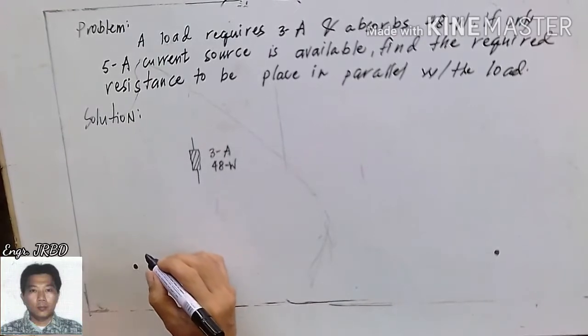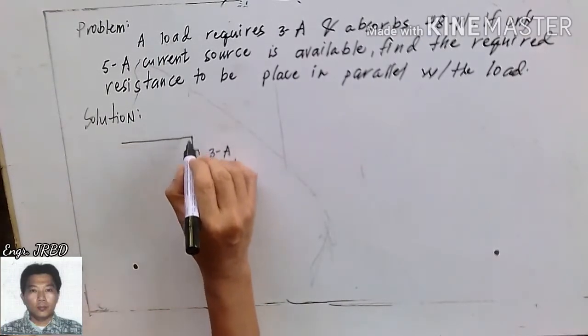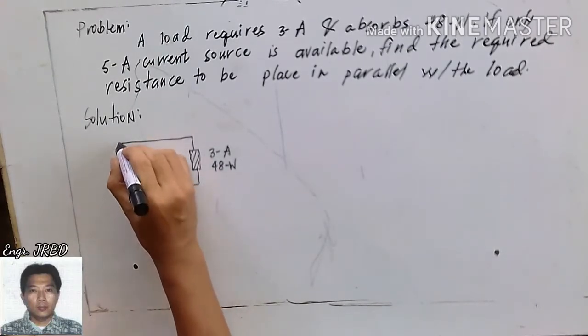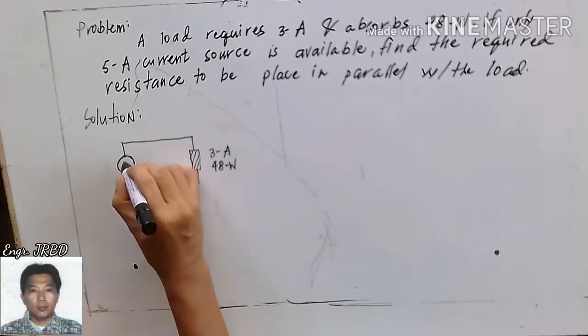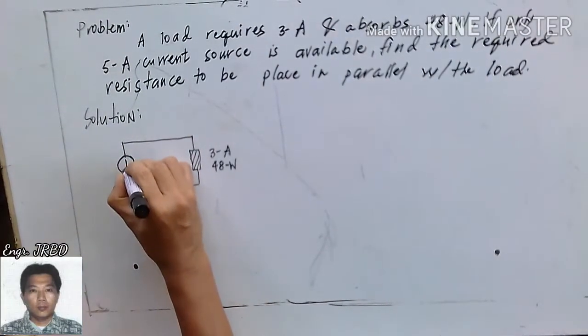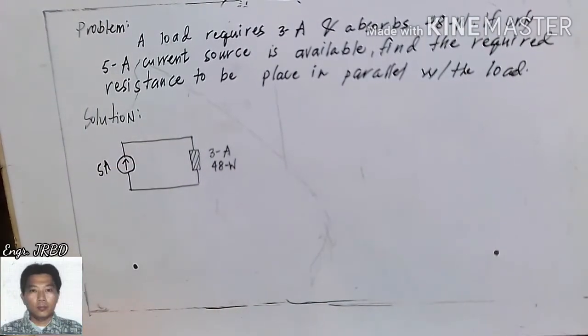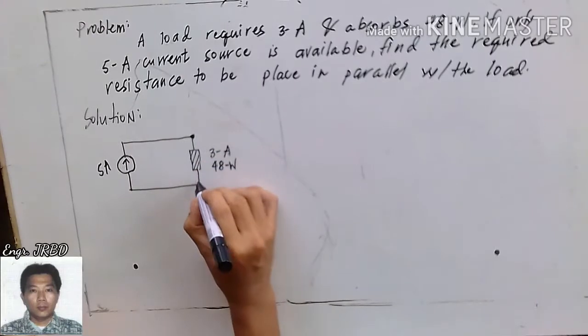If only a 5 ampere current source is available, find the required resistance to be placed in parallel with the load.